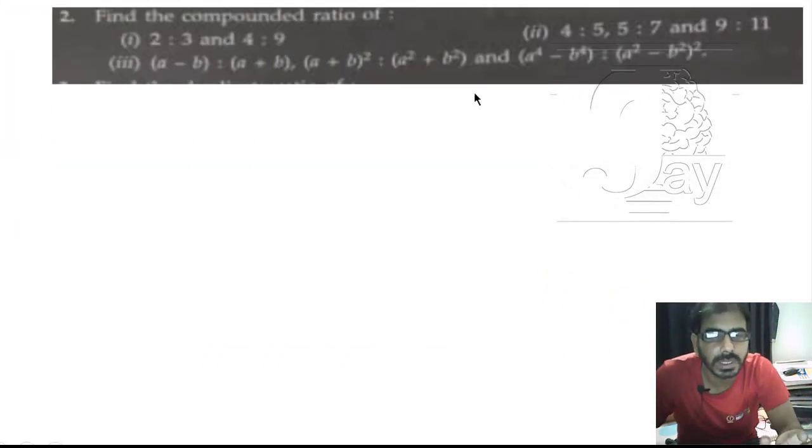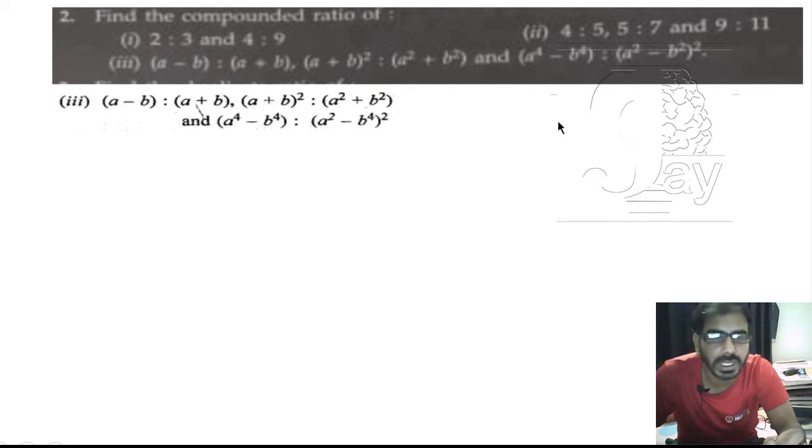This is question number 2. We have so many sub questions here. We are going to choose one of the questions, that is 3. Here you can see a minus b by a plus b, this is a ratio. We have another ratio, a plus b whole square is to a square plus b square.